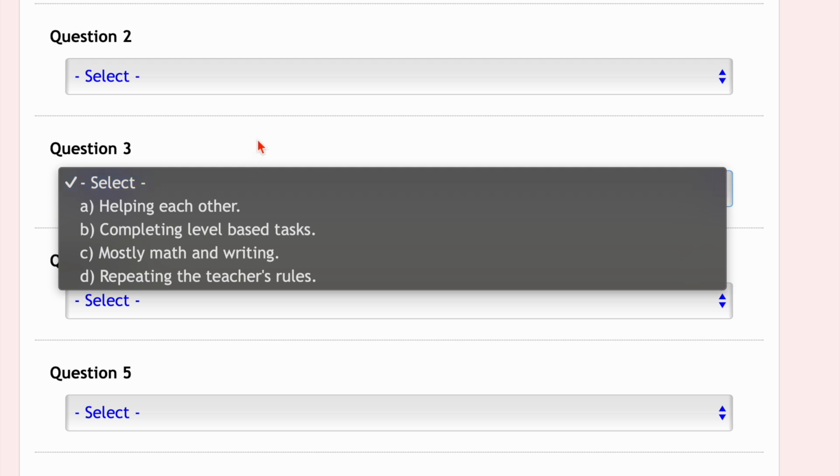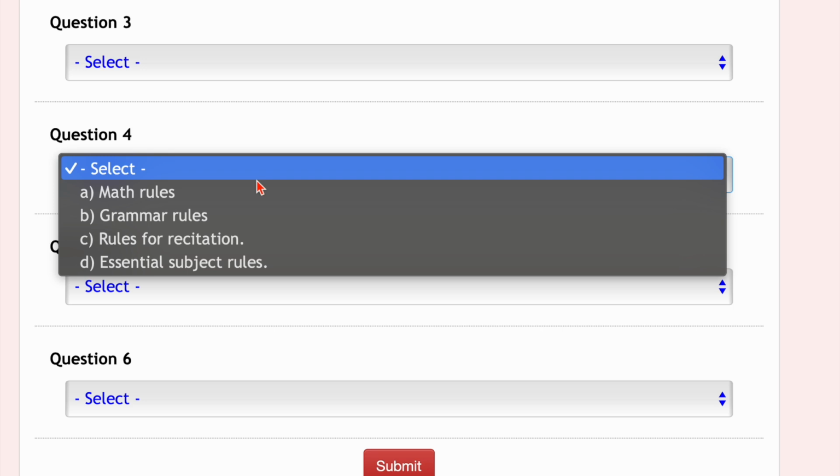Question 4. What did teachers think was important for children to learn? Question 5.